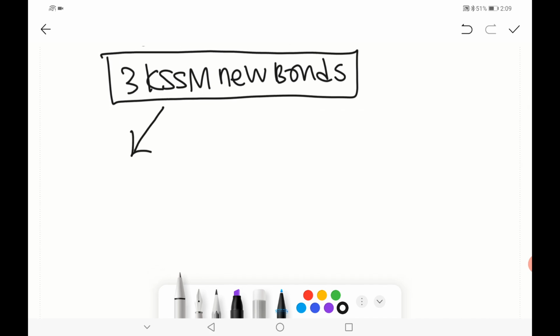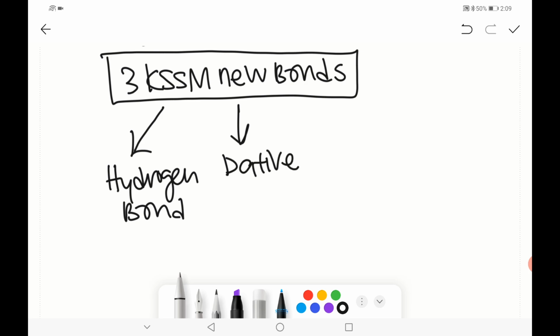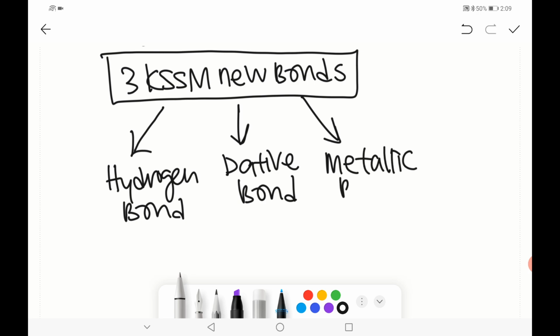The first one is called hydrogen bond. The second one is called dative bond. And the last one is called metallic bond. So these are the 3 new bonds that are being introduced to your KSSM new syllabus.